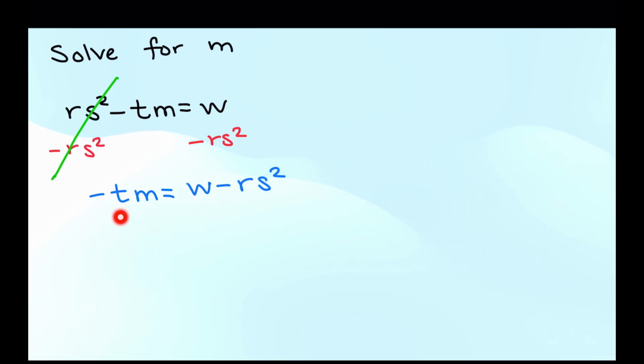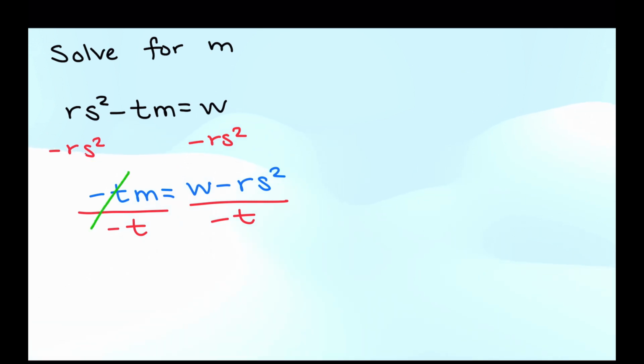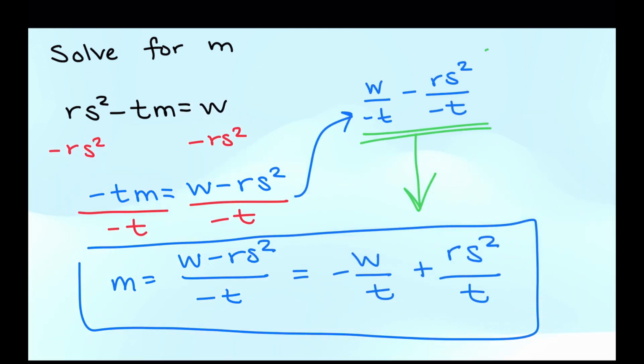We want to get rid of the negative t. The negative t is being multiplied by the m, so we're going to divide both sides by negative t. That allows us to cancel out the negative t on the left-hand side, and now our equation is solved for m.